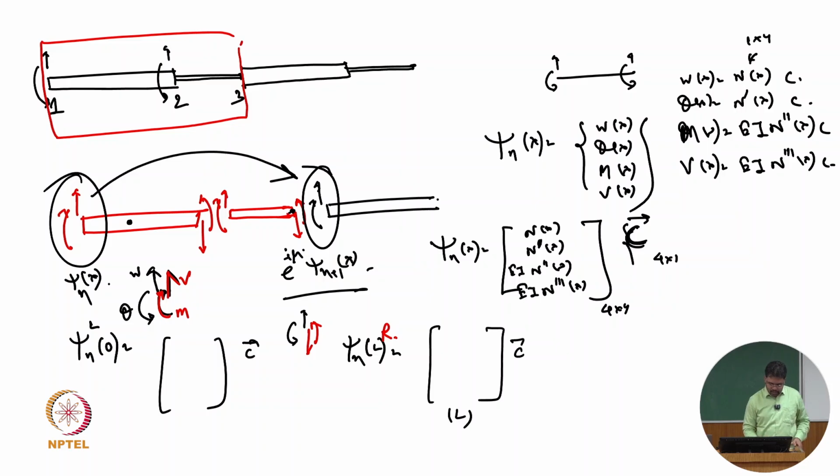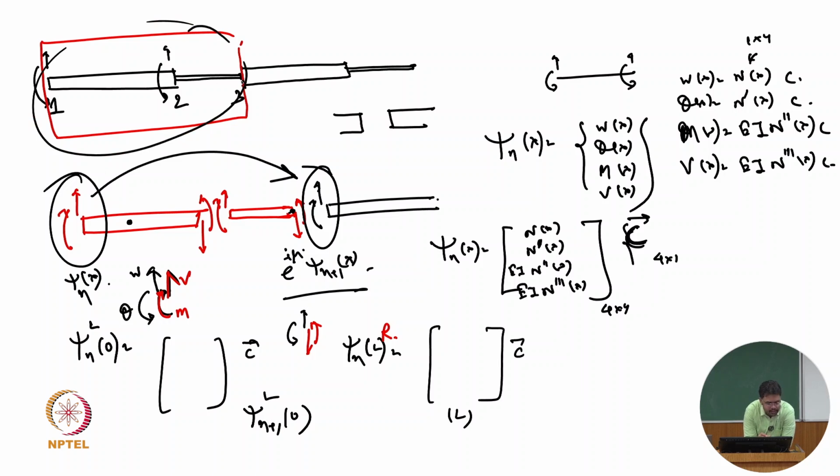Agreed? Now think what is happening at n plus 1, 0, left side. Think very carefully, when your right side is finishing and your left side is starting. This element is finishing here and the next element's left is starting. So here how is your shear force acting? Downward, and bending moment is going like this. So that is the positive one.